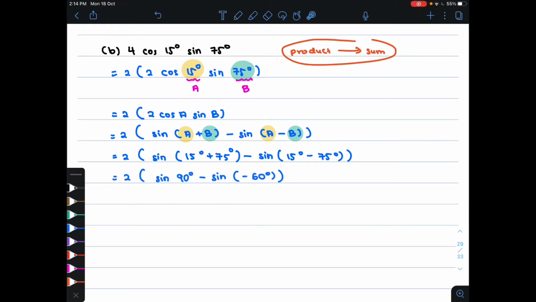But be careful, now we have negative angle. Sin negative alpha is equal to negative sin alpha.